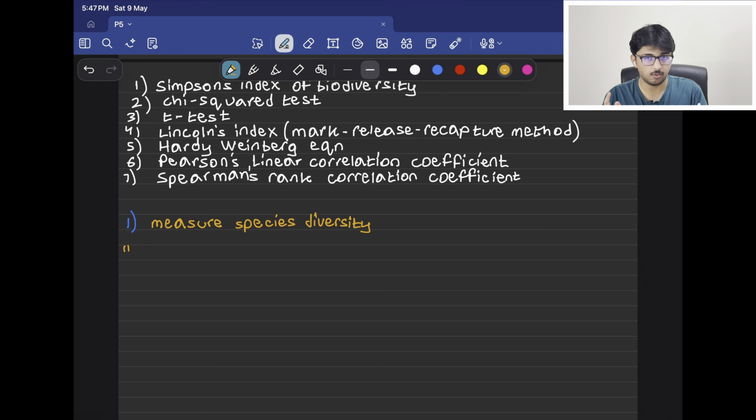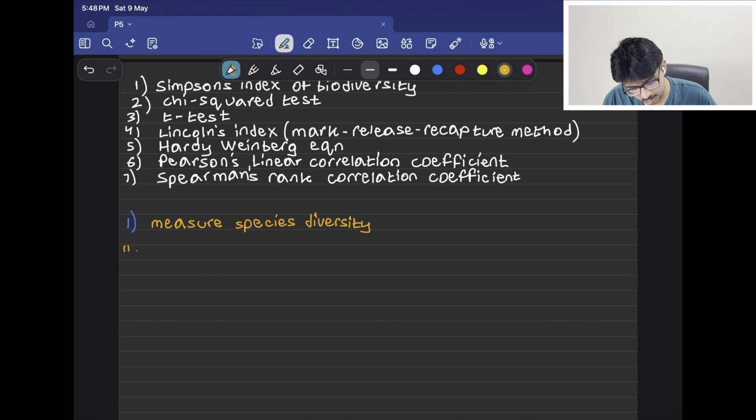So we're first counting how many species there are. Are there four species, five species, six species, seven or eight species, etc. And then we are also counting how many organisms are in each specific species. A combination of those two is also known as species diversity.